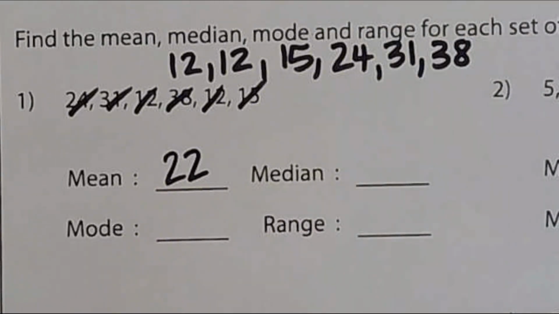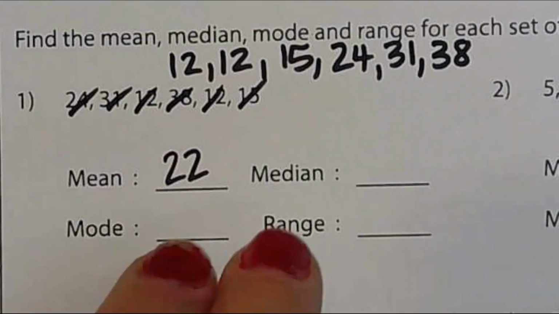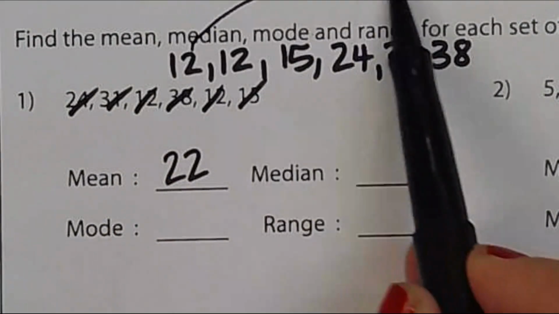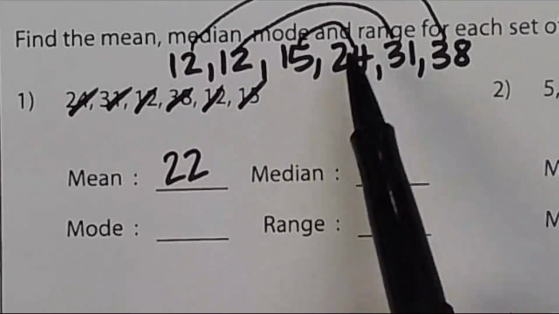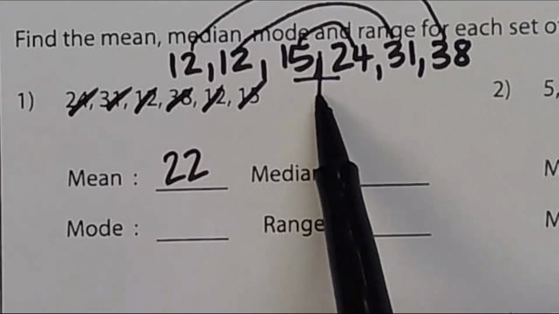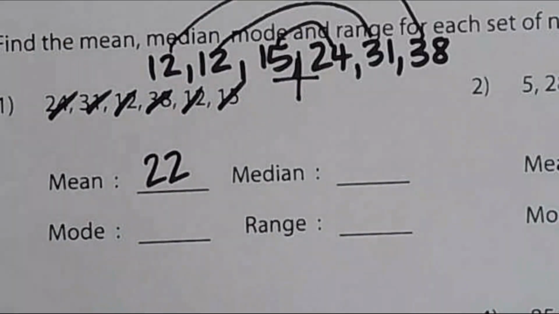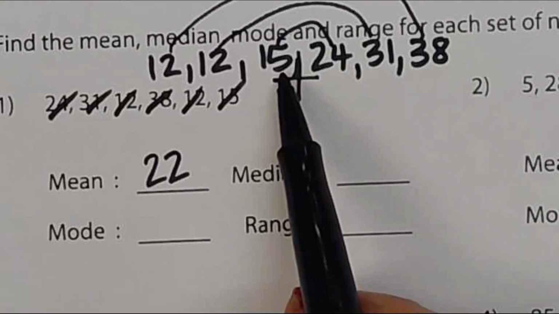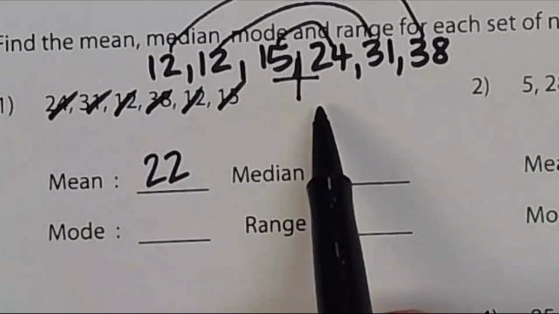Now, for the median, you find the mean when there's two numbers in the middle. Do we have two numbers in the middle here? Yes. Now we find the mean because the mean tells you the exact middle of two what? Numbers. So that's why we got to go 15 plus 24 divided by 2.